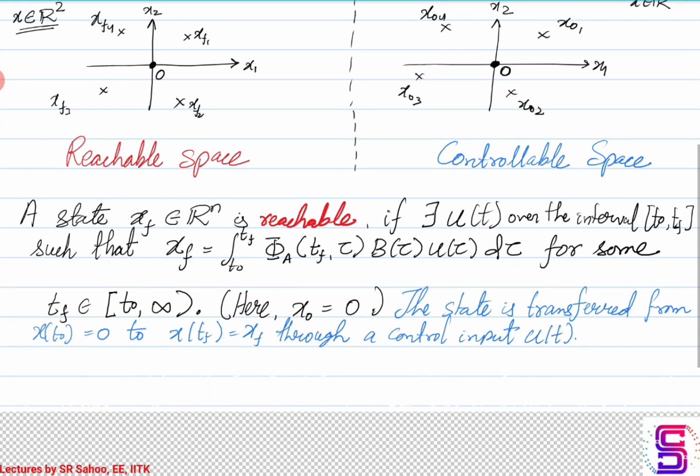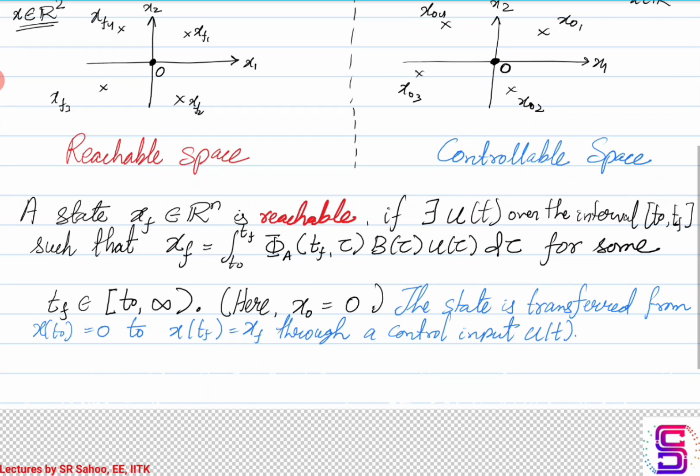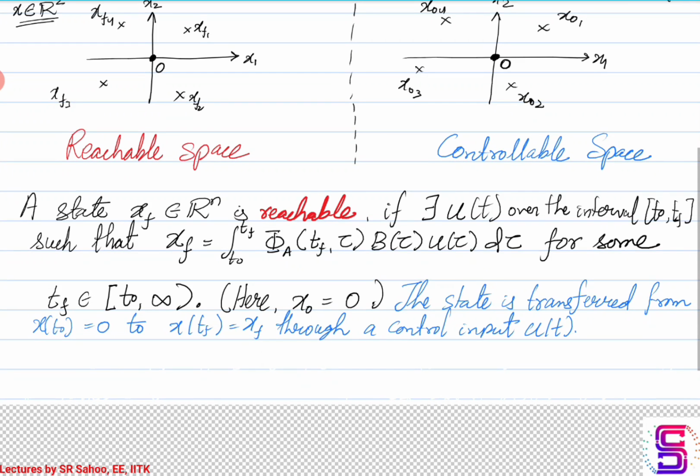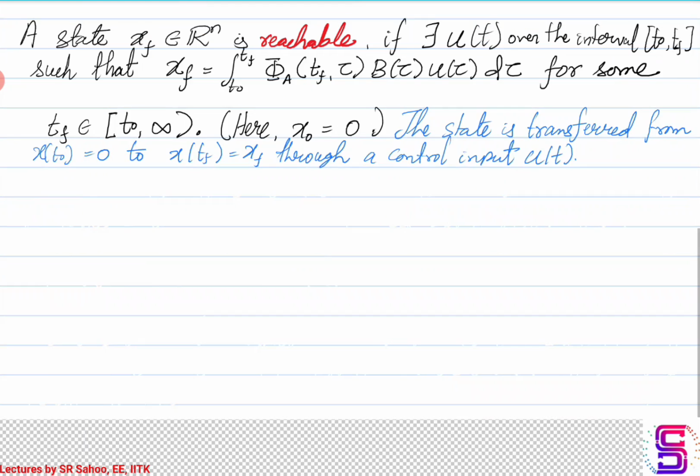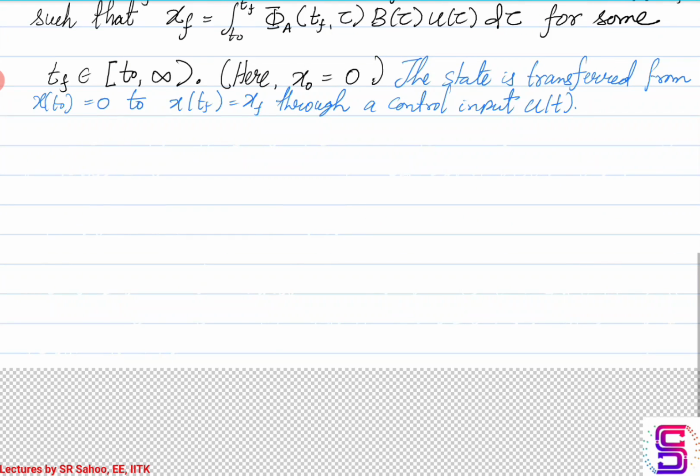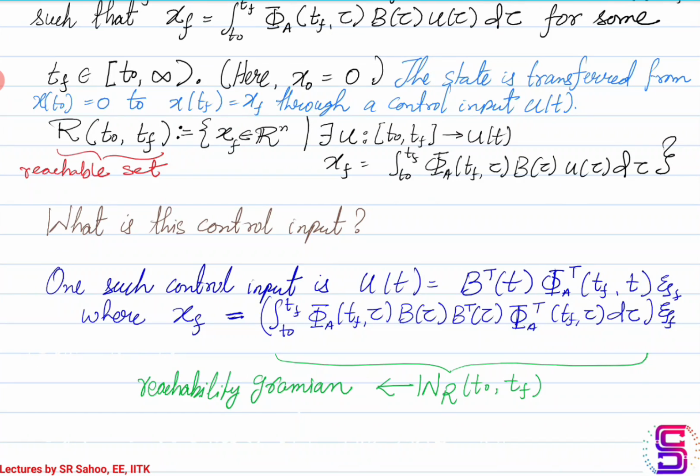To simply put, the state is transferred from a zero state to xf through some control input u(t), and this control input is a continuous time control input. Now the set of all these points which can be reached from the origin is known as the reachable set.